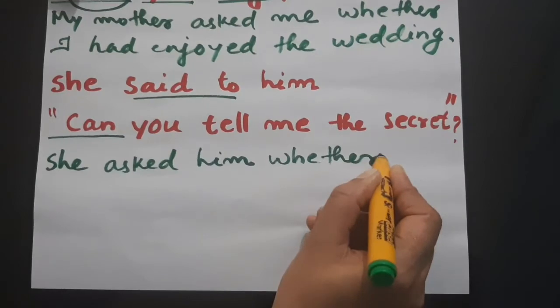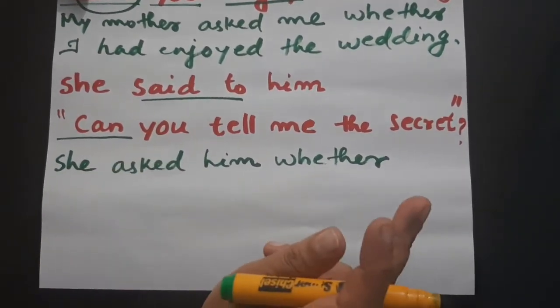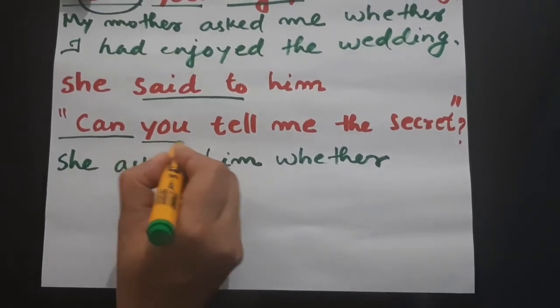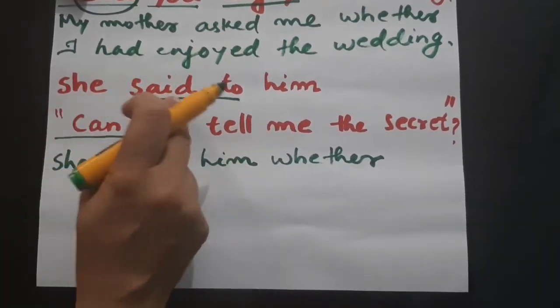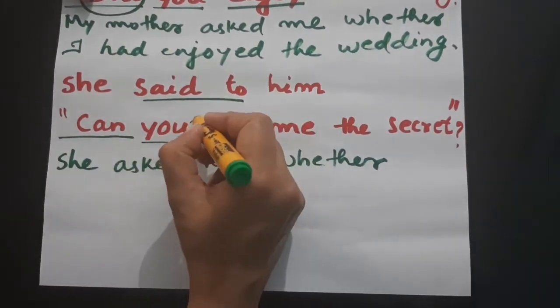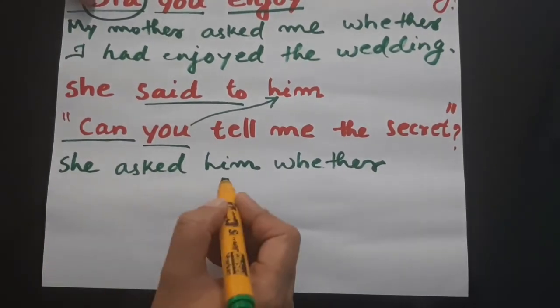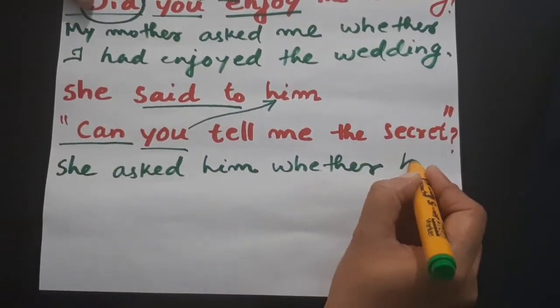Okay, whether. Next, what you need to use is the subject. You know that. So you. She said to him, can you? So you here means him. Okay, so she asked him whether he.